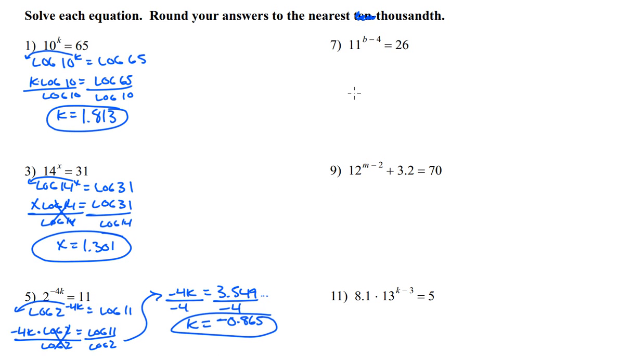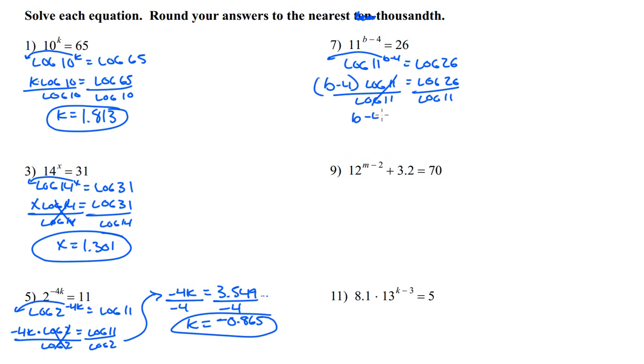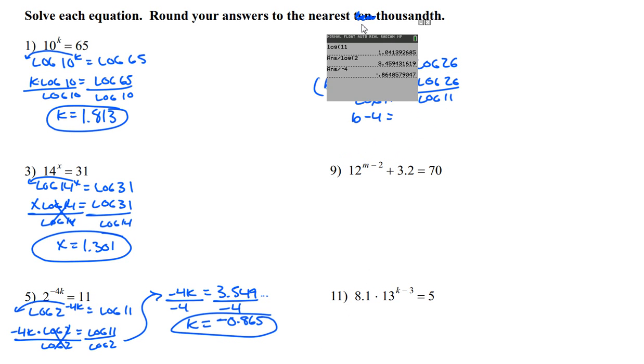Okay. Number 7, 11 to the b minus 4 equals 26. So log 11 to the b minus 4 equals log 26. So this b minus 4 comes out front. B minus 4 times log 11 equals log 26. Divide both sides by log 11. So we get that b minus 4 is going to have to equal log 26 divided by log 11.